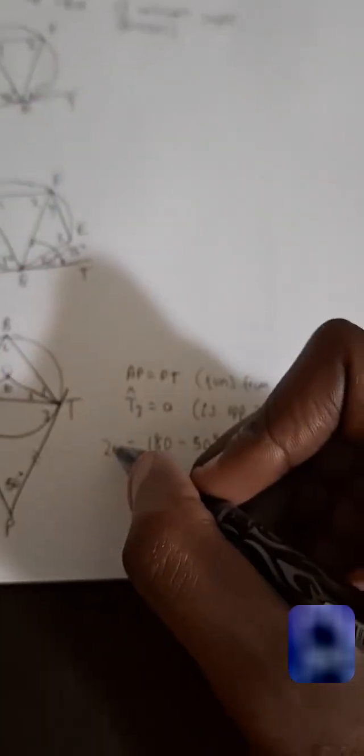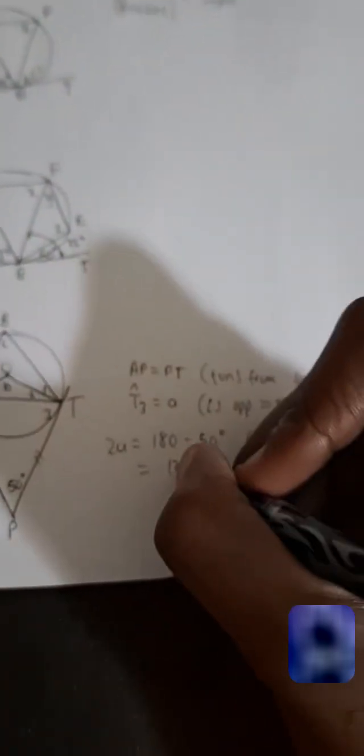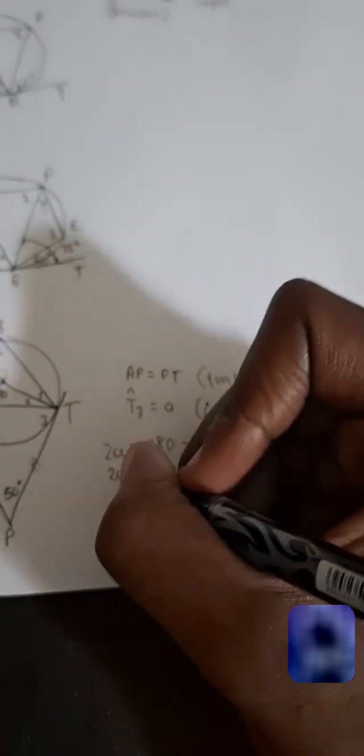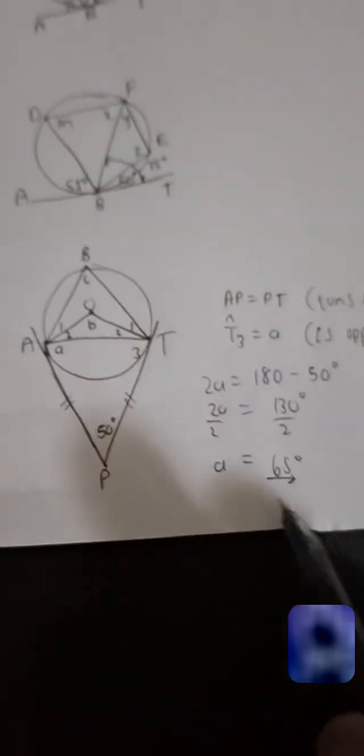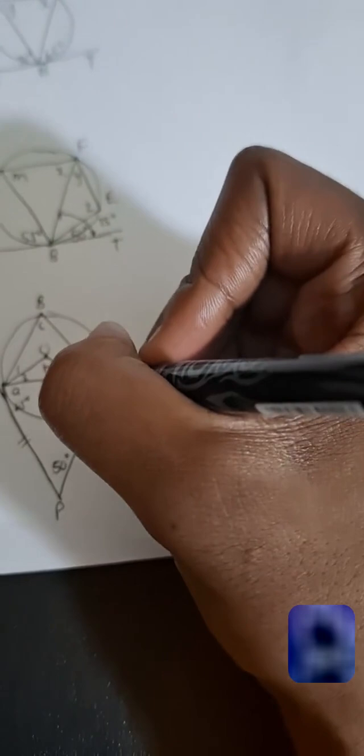Very important. So 130 divided by 2 is 65. Beautiful, 65 degrees. We've got A is equal to 65 degrees, so we update that: 65, 65, 50.